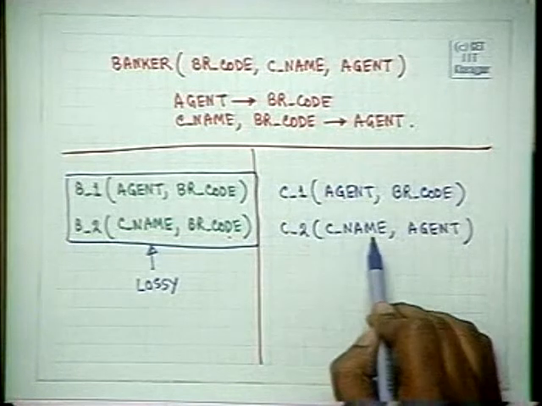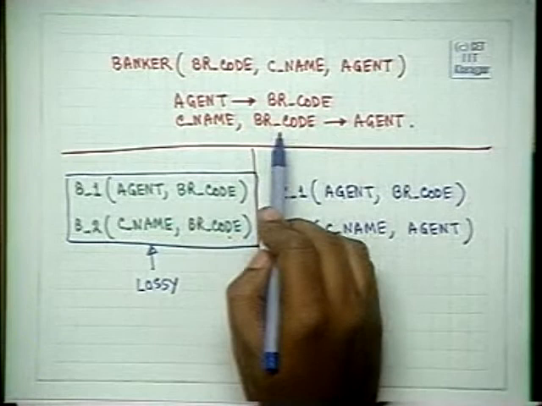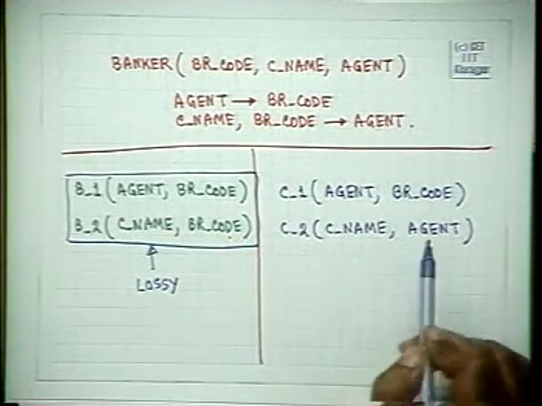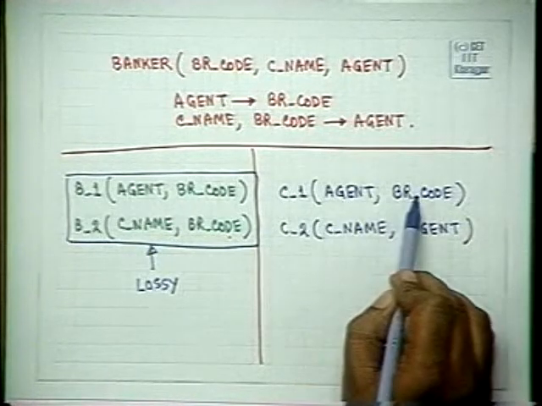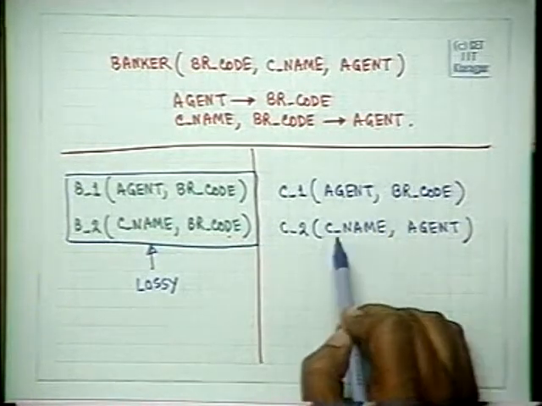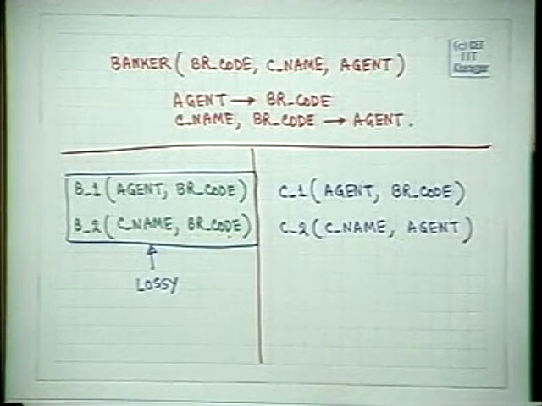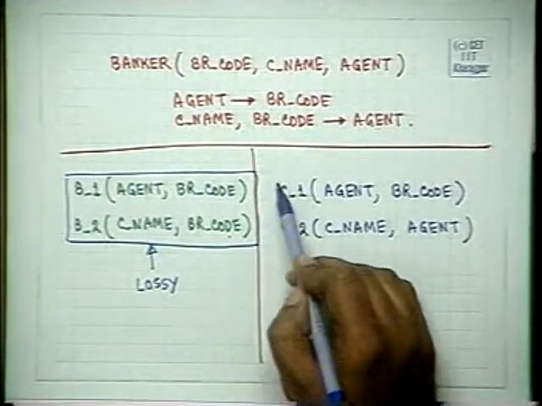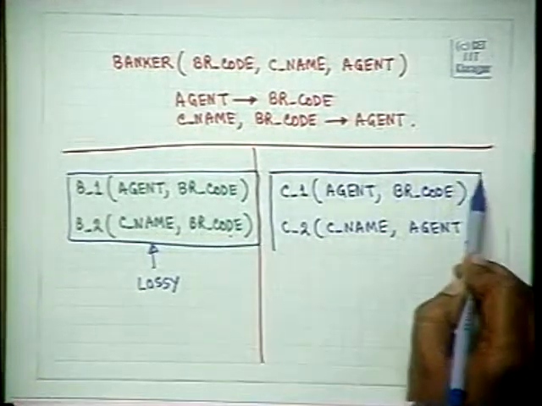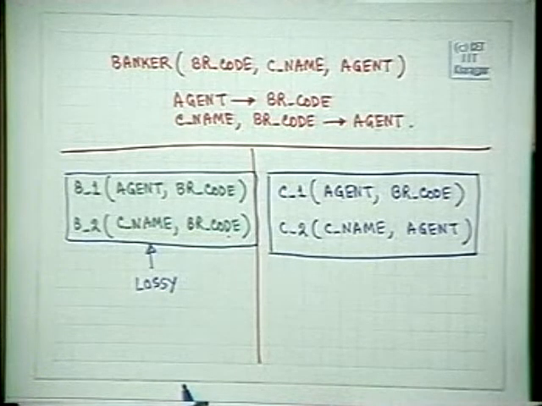Now this customer in 5 branches may have got 5 agents, but for this agent and this branch code, since this is a primary key, if you do a natural join, you are going to get back the original relationship. Just please think over this. This is not a very simple example, but it highlights whatever we are trying to say till now regarding lossless join.